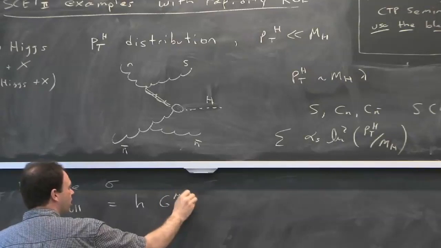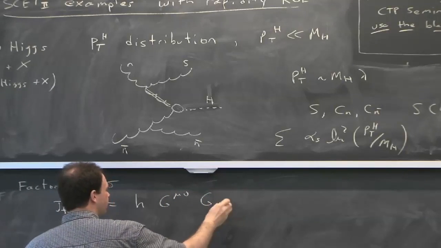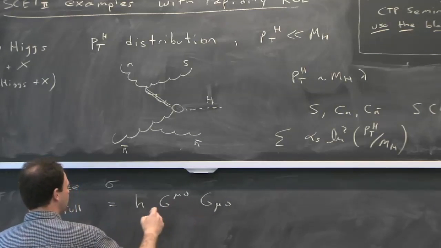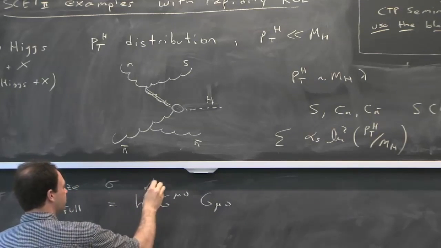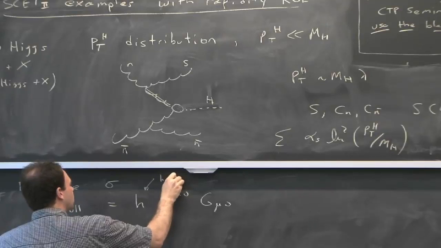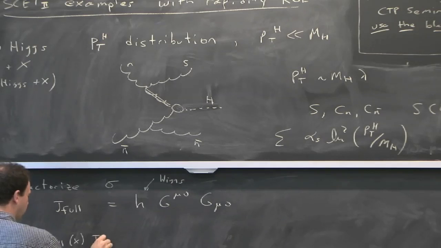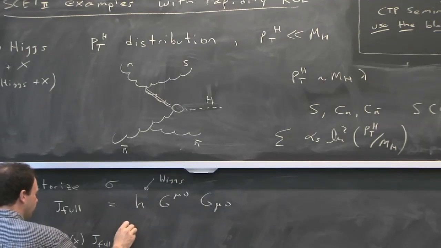You could think of starting with some operator where you've already integrated out the top. So you have a coupling of a Higgs to two gluons, and that happens in this gauge invariant operator with the field strengths. And then you would do the factorization procedure after you shift momenta and sum over states.